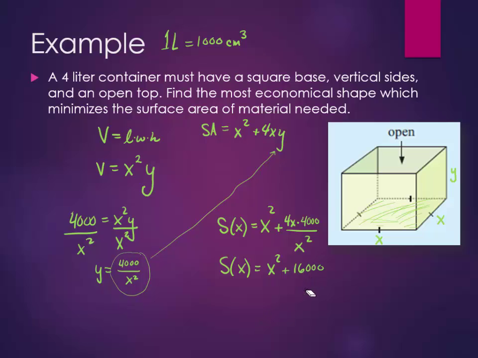Or you could even write it like this, x to the negative first. Why would I do that? Because I'm going to optimize my volume. All right, so now I find S prime of x. S prime of x, we end up getting 2x minus 16,000 x to the negative second power.